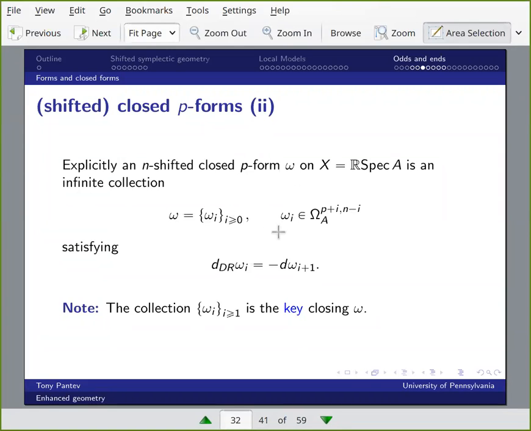So a closed P-form is a collection of guys in those pieces. They sit in the (p plus i)-th wedge power of the derived cotangent complex, and they sit in homological degree n minus i. And it's a collection of infinitely many guys like that.